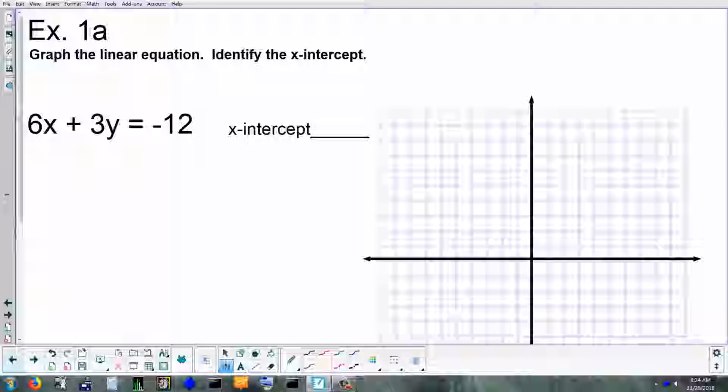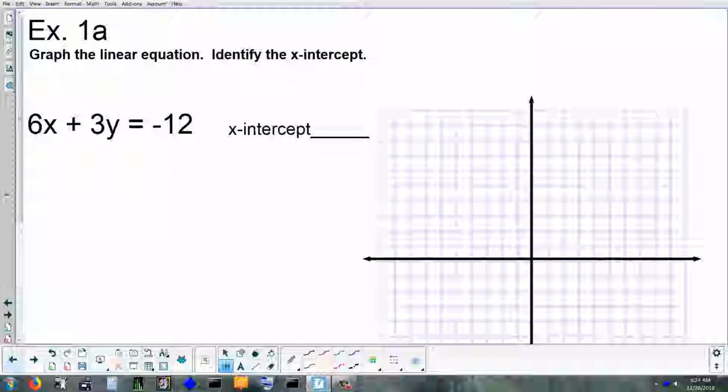You might have a problem where y is already alone. This one, it's not. So what's preventing y from being alone here? The 3, and what else? The 6x. So this is pretty much the hardest kind of problem you can have because you have everything on the wrong side. You get the 3 and the 6x.